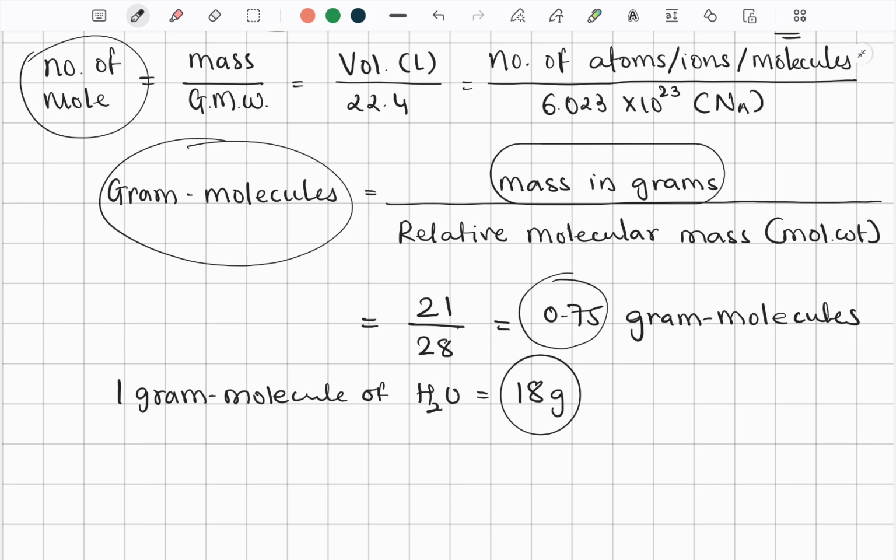Mathematically, we can say that 1 gram molecule of a substance is equal to 1 mole of that substance. So 1 gram molecule is equal to 1 mole.